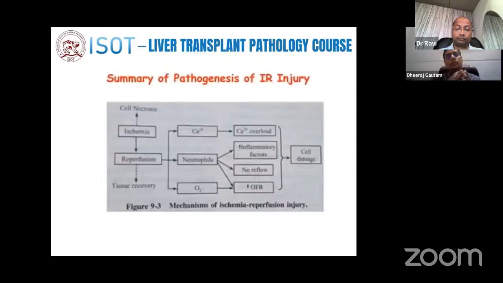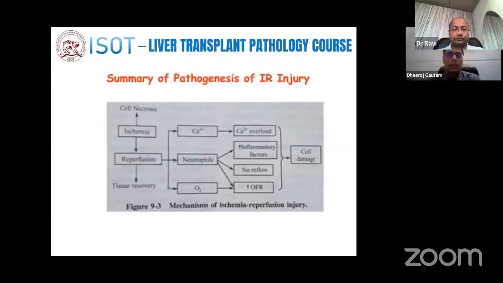So this leads to the summary of the pathogenesis of IR injury. So what is the summary? Ischemia occurs, which leads to cell necrosis. Then reperfusion occurs, which converts into tissue recovery.